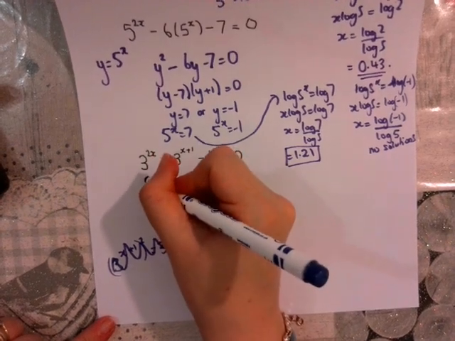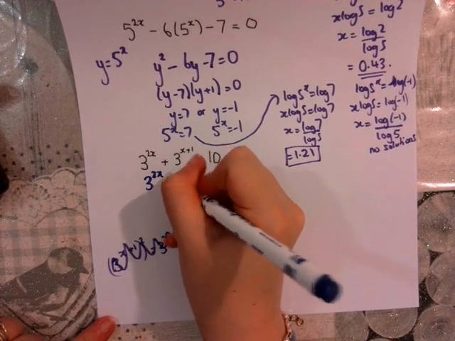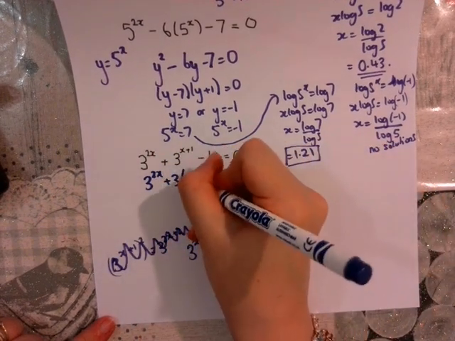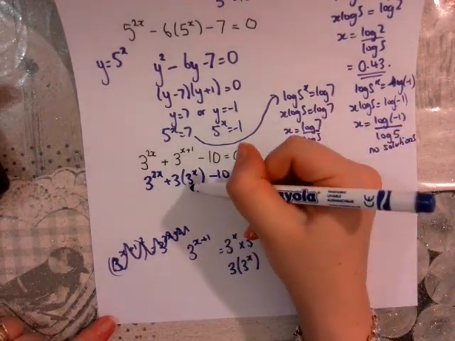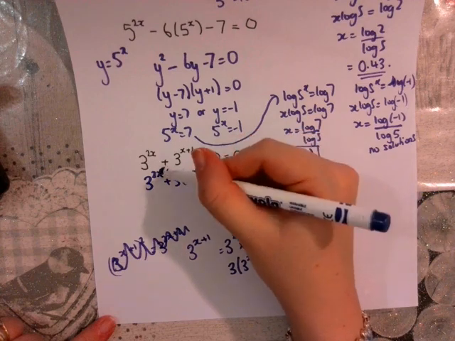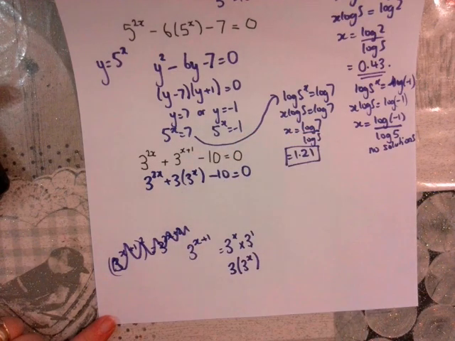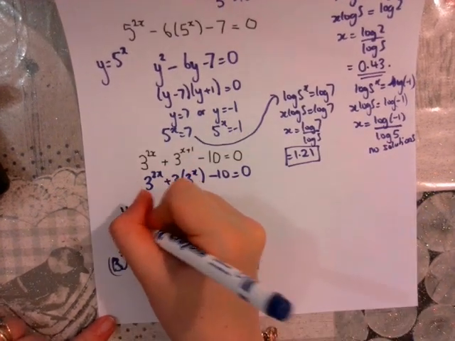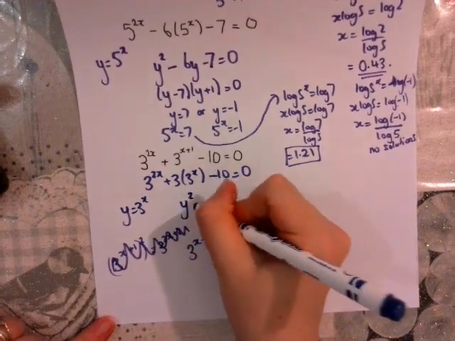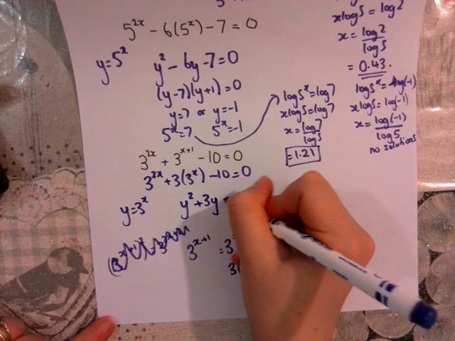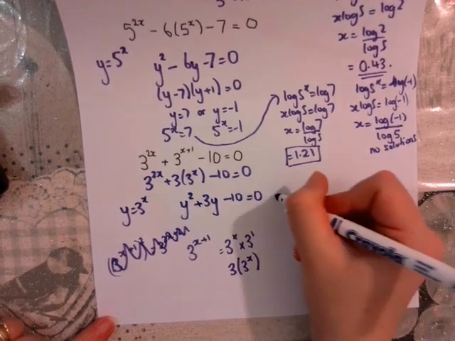So it would be 3 to the power of 2x plus 3 in brackets 3 to the x minus 10 equals 0. And then when I square this, I would now get the 3 to the power of 2x. So for this one, y is going to be 3 to the x. It's going to be y squared plus 3y minus 10 equals 0.